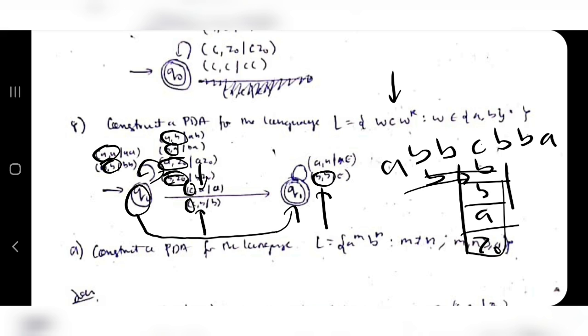B will cancel B. Then the next top element is B. If I get the input B, it will cancel it. Next top element is A. So if the top element is A as well as the input is A, at that time I will cancel A with A. After that, if I reach the Z0, that means it's a valid string. So in that way, the reverse of the string is also checked in this case.